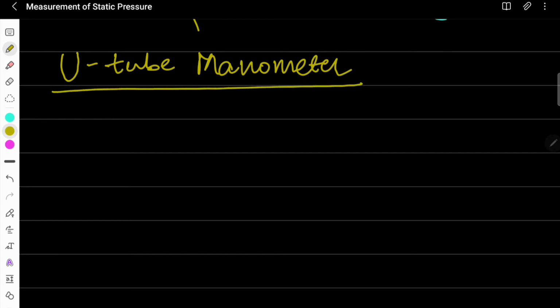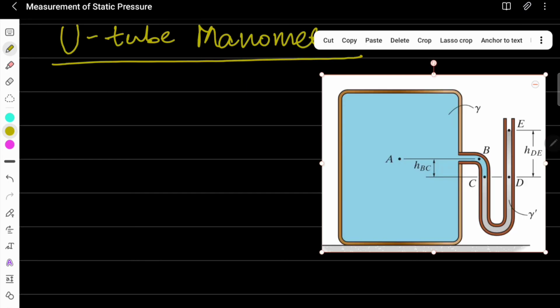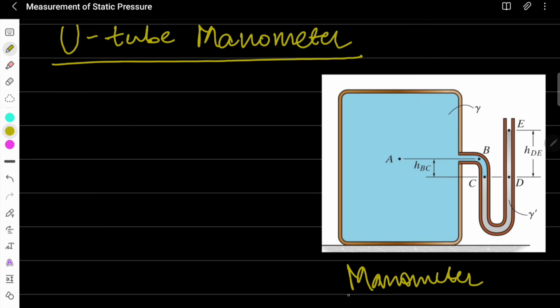Why there are so many devices available, you have to understand the limitations of each device, and because of these limitations a new device was introduced in order to assess the pressure measurement in any particular situation. In this manometer, there is a vessel where a liquid having the specific weight gamma is filled up and a U-shaped tube is attached to it.